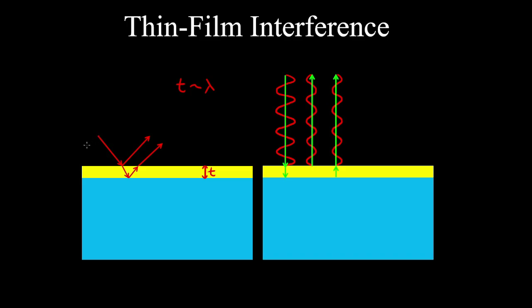So in this case, we have the incident light from medium 1, which is typically air, and that gets reflected at the oil interface, and some of it gets refracted, and this transmitted light gets reflected at the water interface and emerges from the oil film.